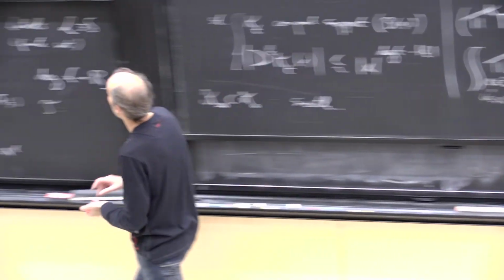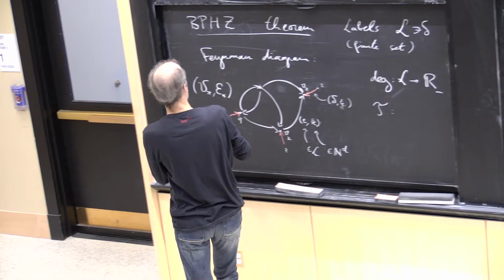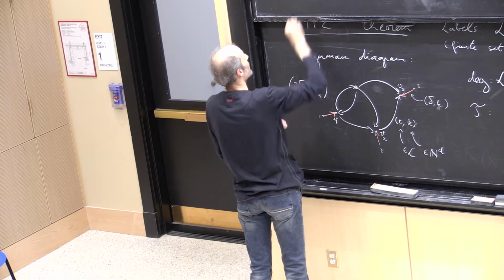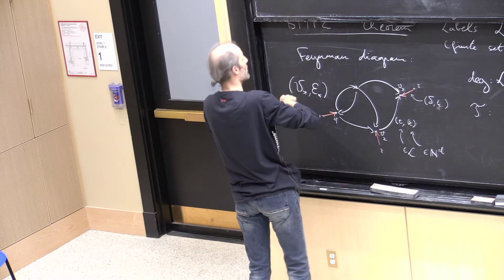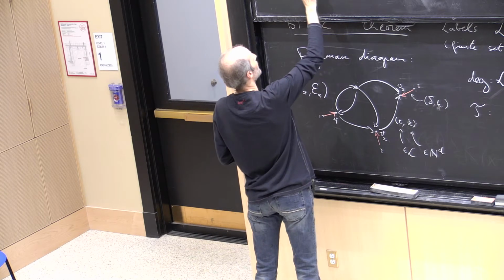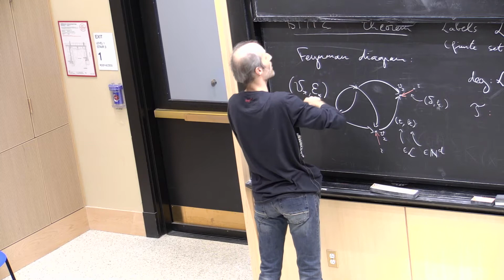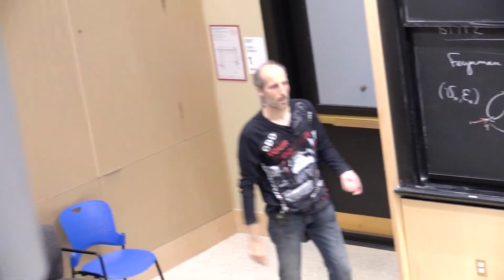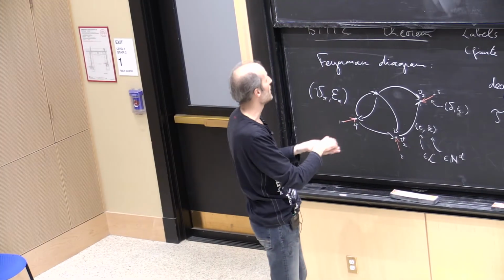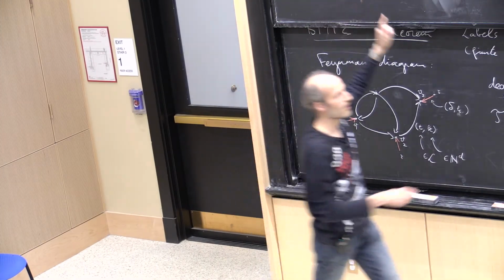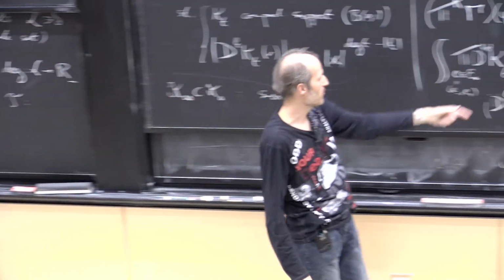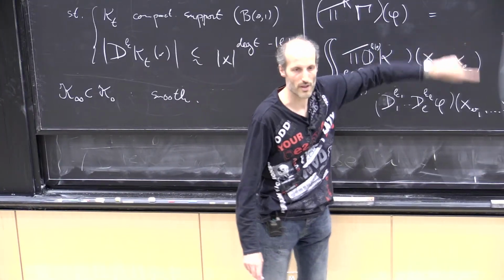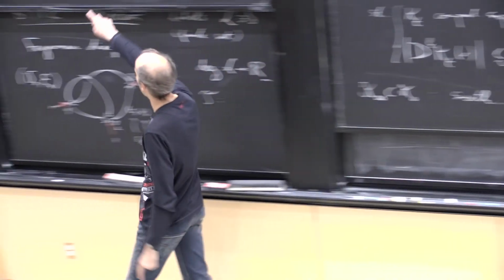The special case here would correspond to a Feynman diagram like this. So in this special case, this integral just becomes, well, there's only one edge here. You take the kernel, you evaluate at the difference of these two variables.